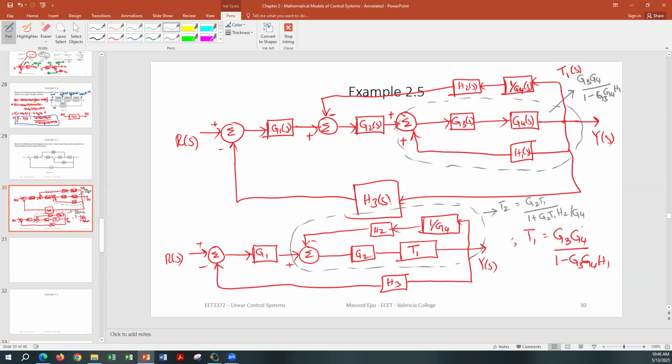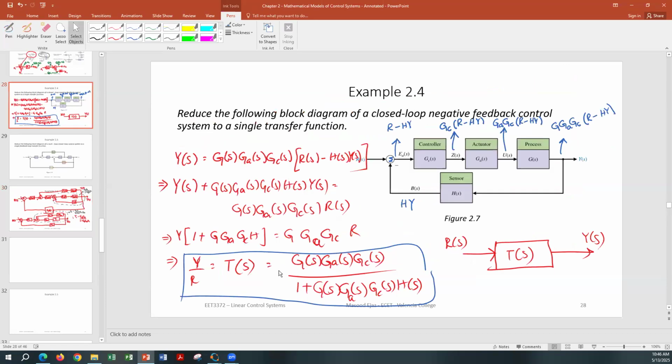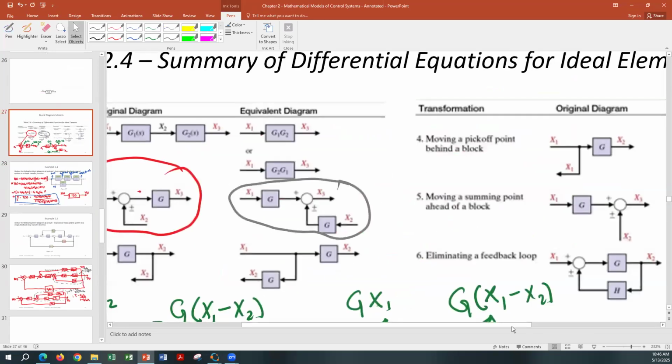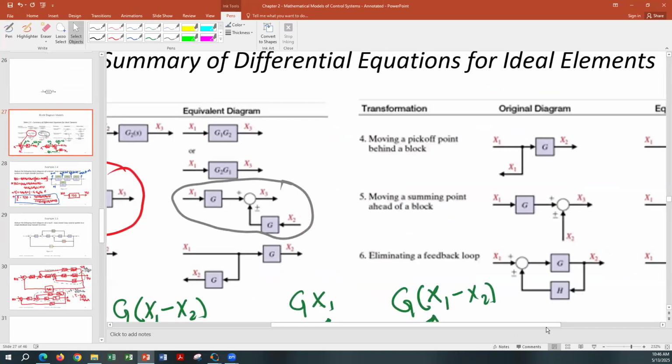So you're talking about this negative? Because both signals are adding, the ones going into the summing amplifier over there, both are adding. So if the feedback signal is adding instead of being subtracted, then in the denominator you're going to have a negative, the opposite sign. If we go back and look at the block diagram that we are using, the last block diagram, we are using 6, eliminating a feedback loop.